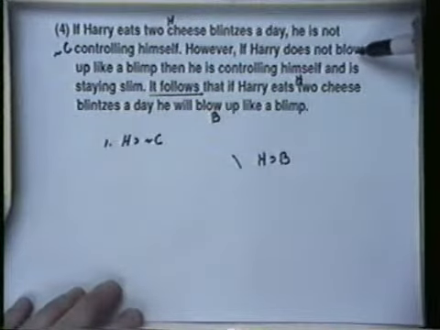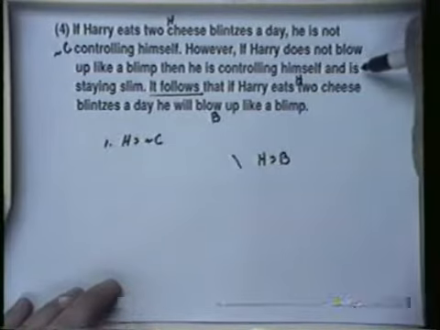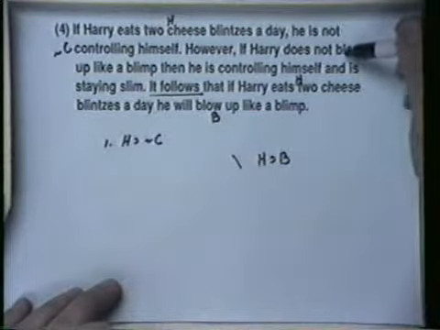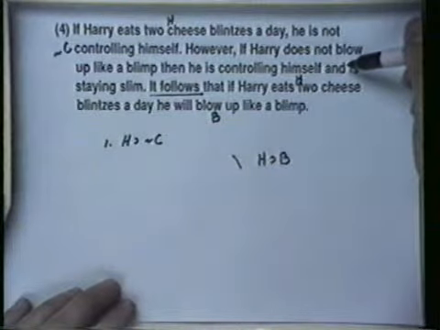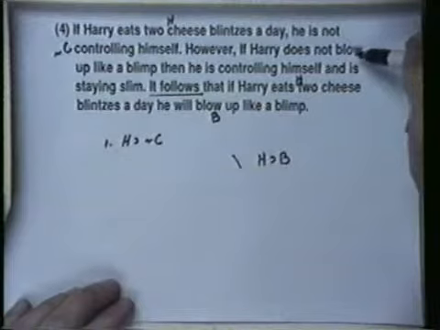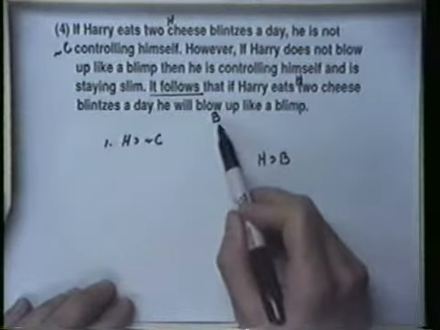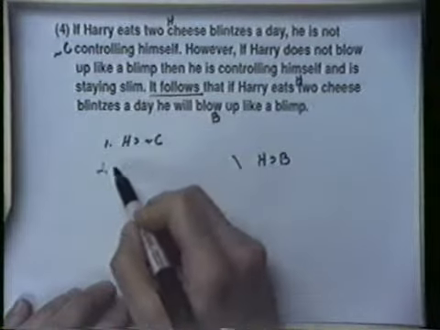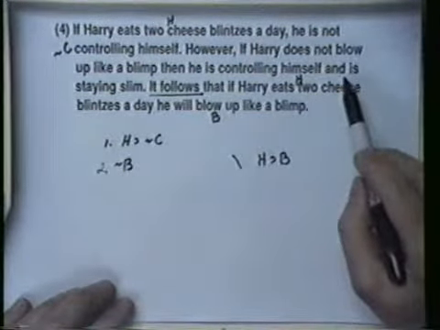However, if Harry does not blow up like a blimp, then he's controlling himself and is staying slim. We have a conditional here that has a conjunct as its consequent. The first part, or the antecedent of the conditional, is Harry does not blow up like a blimp. That negates our B down here, and so we start out not B. Then what?